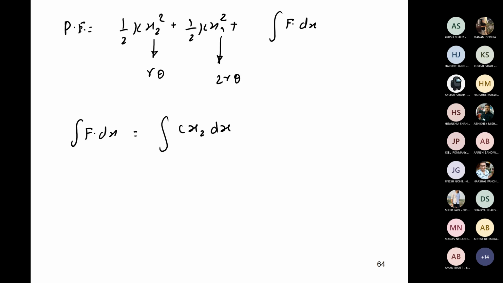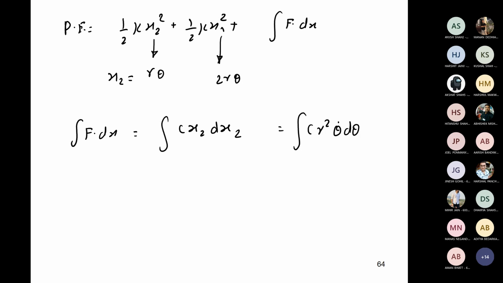So x2 is r theta. So dx, substitute that in this equation. So you get integral c r square theta dot dt.